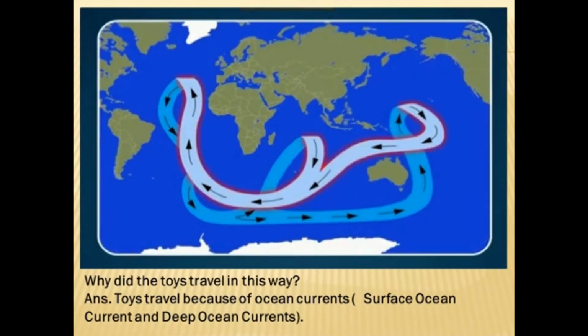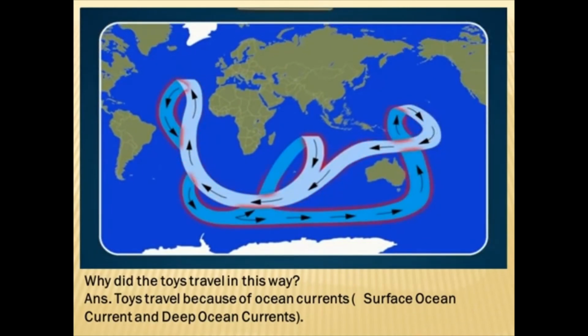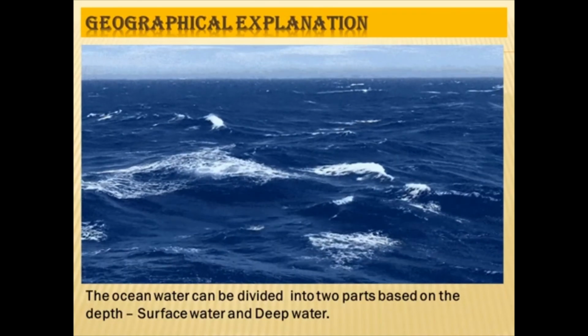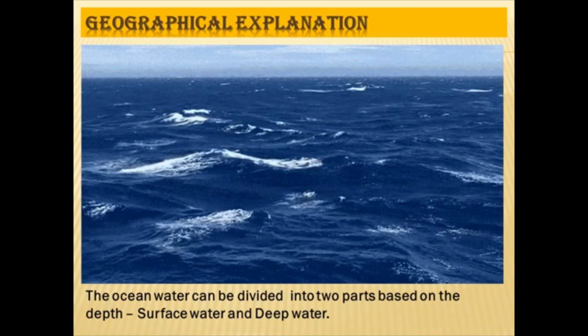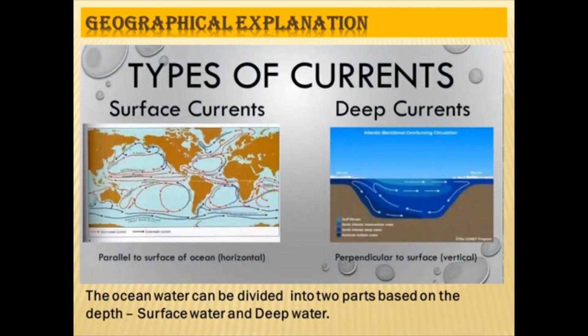Surface ocean currents and deep ocean currents. Geographical explanation. The ocean water can be divided into two parts based on the depth: surface water and deep water, meaning surface currents and deep currents. These are the types of currents.